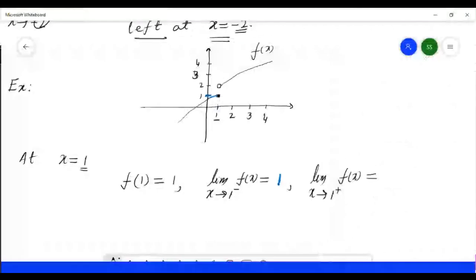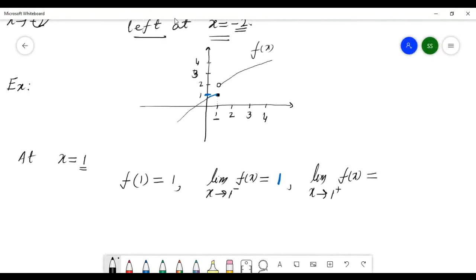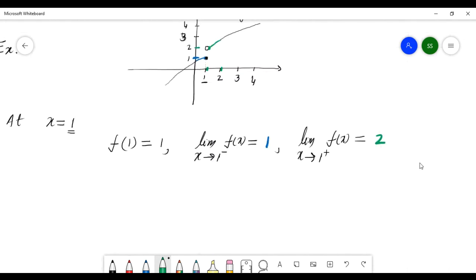Plus means 2. Plus means the function from the right side, here you have to see the right side. So the right side graph is coming here, and this point is what? This point is this 2. So this is equal to 2 here.